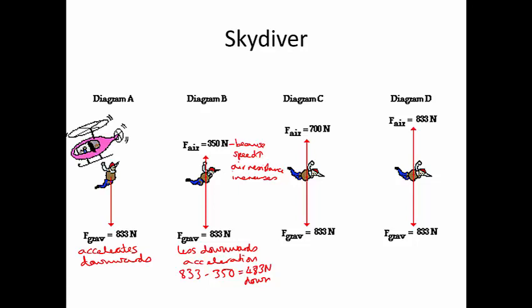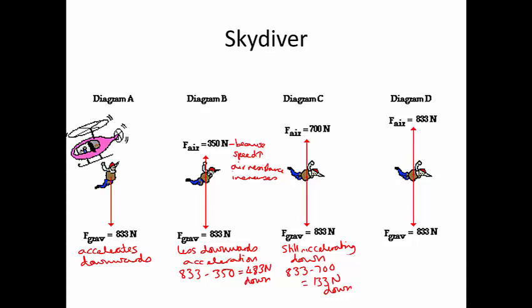That will mean he continues to accelerate downwards, so his speed continues to build up, and therefore the upwards force, the air resistance on him, will continue to increase. So by diagram C, he's still accelerating downwards, but he's accelerating at a much slower rate because his resultant force is going to be less. We've now got 833 minus 700, which is 133 newtons. So the resultant force downwards is getting less and less.